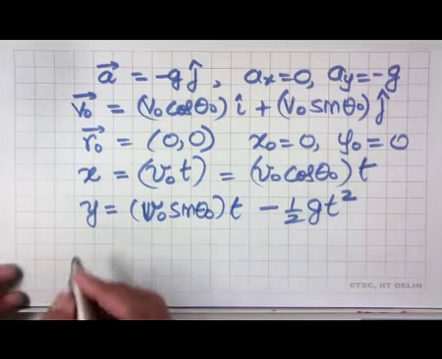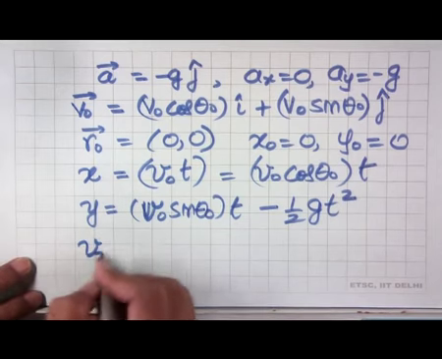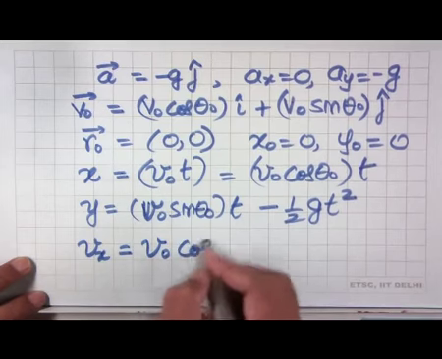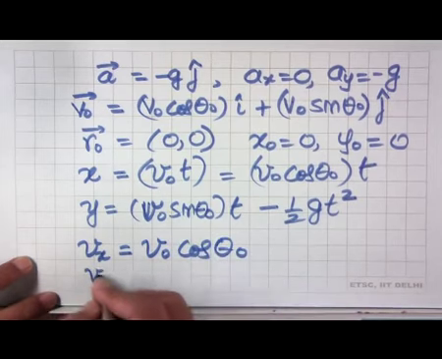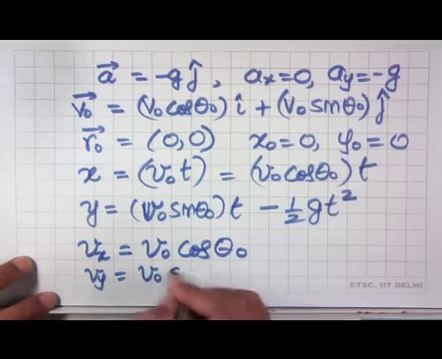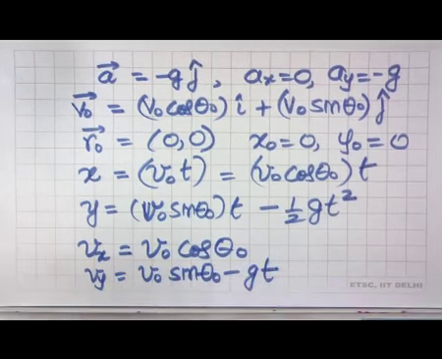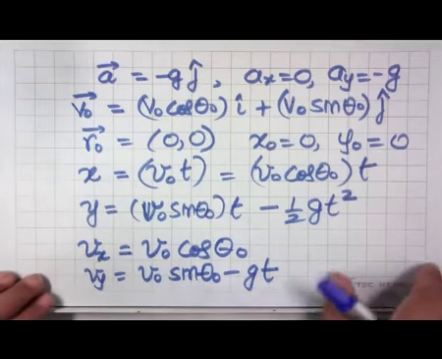Also, if we write the velocity v x at any later time, this is equal to v 0 cos theta 0, and v y is equal to v 0 sin theta 0 minus g t. These are like the one dimensional equations of motion for x and y written separately.